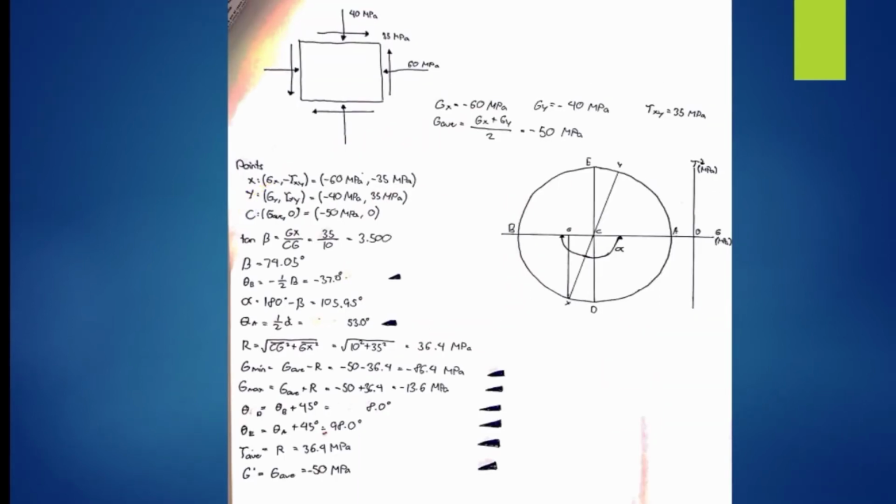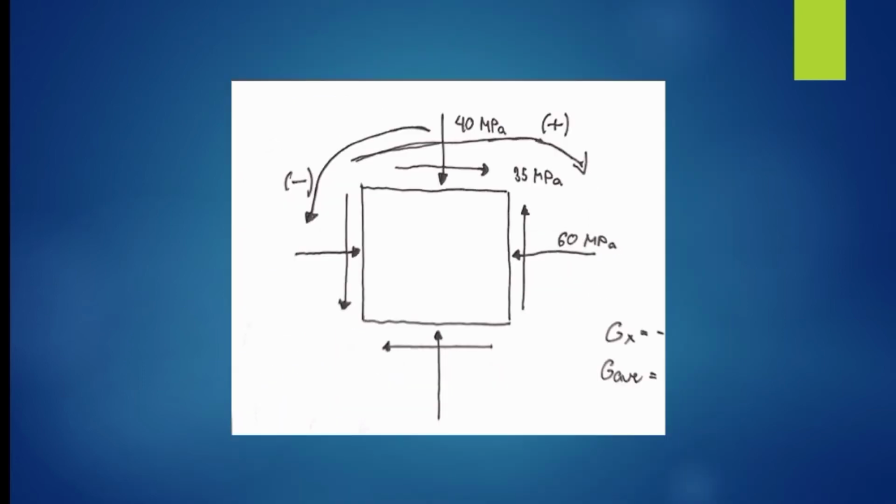On the X side, you just have to find the given points. So σx is negative 60 and τxy is negative 35. If you ask why τxy of 35 is negative, it is because the arrow here is going to the left, so it is negative.